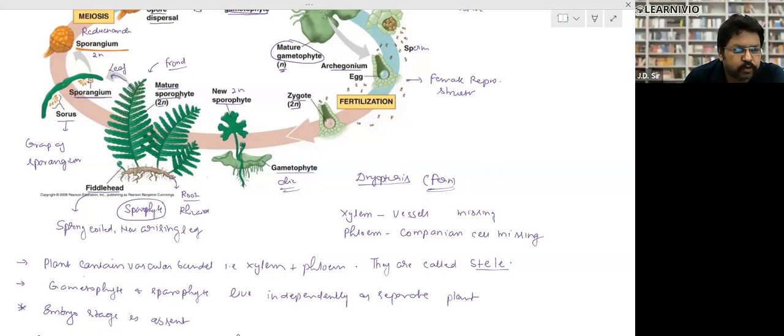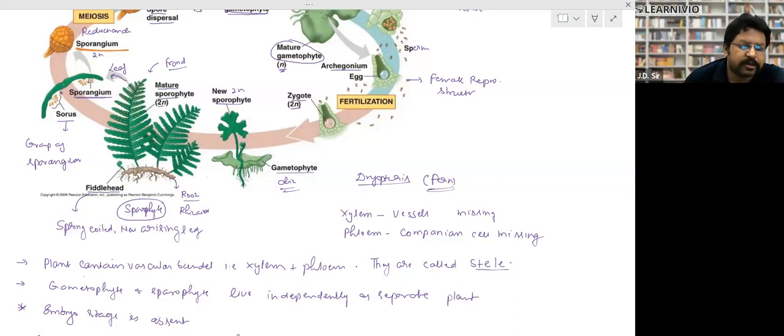Frond have mature sporophyte, and this sporophyte have some sporangia, right? So look, these leaves, they contain the sporangium. So that's why these leaves are called sporophyll. Sporophyll means spore bearing leaves, right? So this is the example of leaf, and this leaf is a sporophyll.